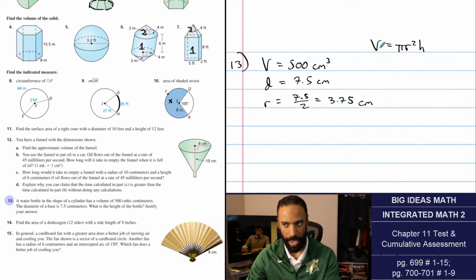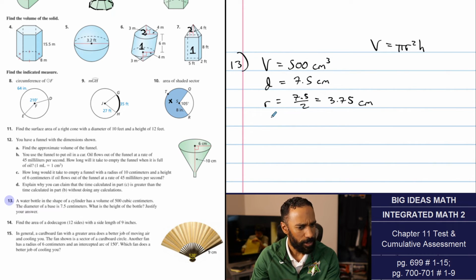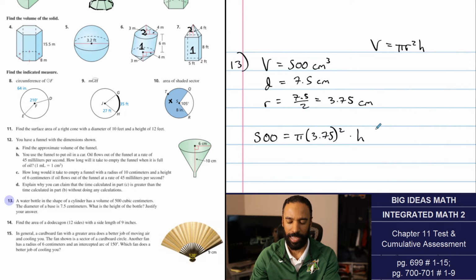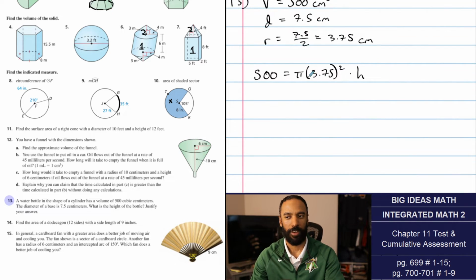We need to know the height. We have the volume. Was it 500 or 500 pi? Just 500. So our volume is area of base times height. So to find height, we have to work that out. Now, I don't know 3.75 squared. 14.0625.